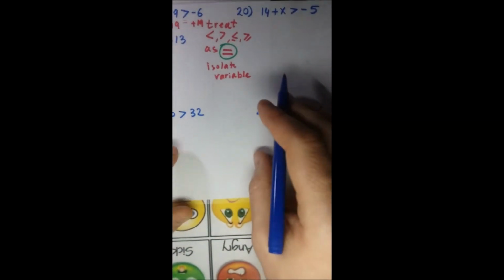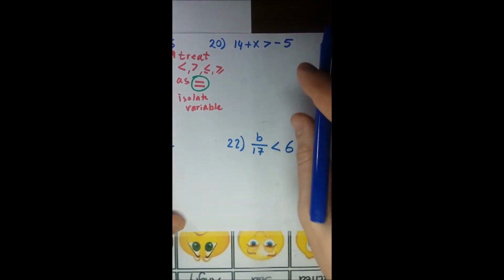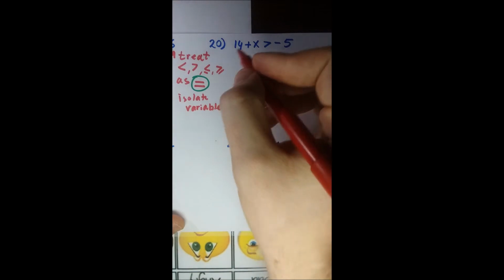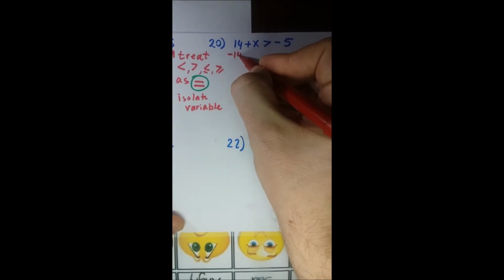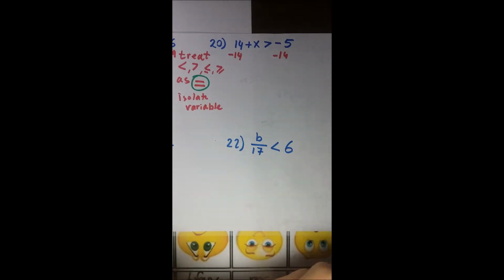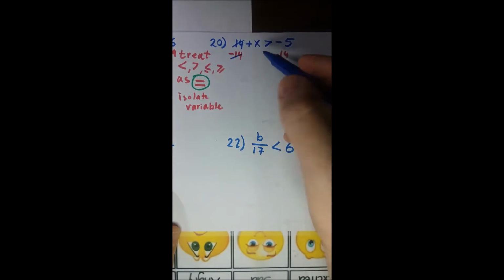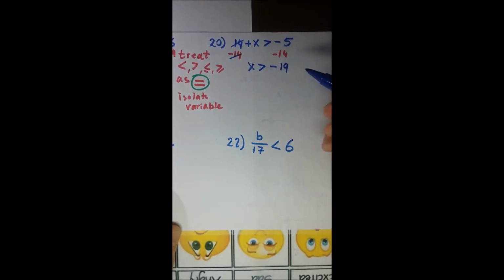Okay, question 20. It's the same thing. 14 plus x is greater than negative 5. To cancel the plus 14, you need to subtract 14. So the 14s here are gone. Positive 14 and negative 14 are gone. So x is greater than negative 19.